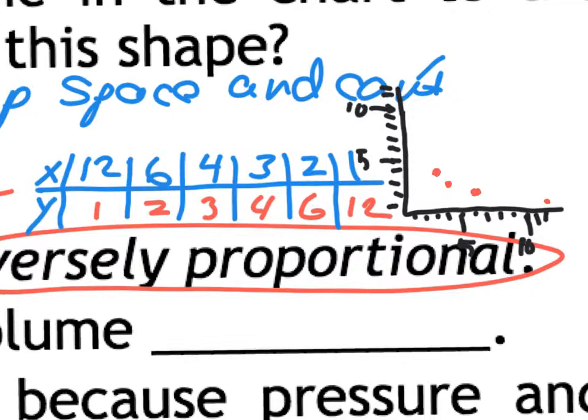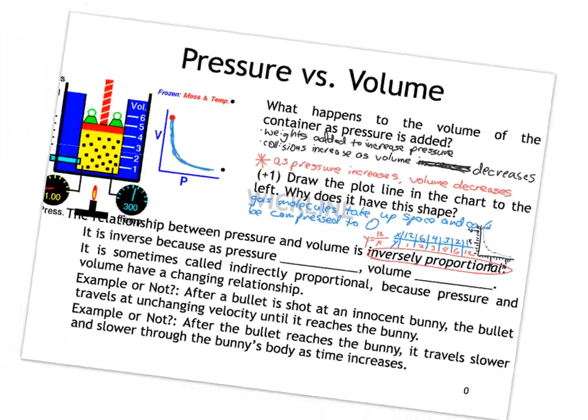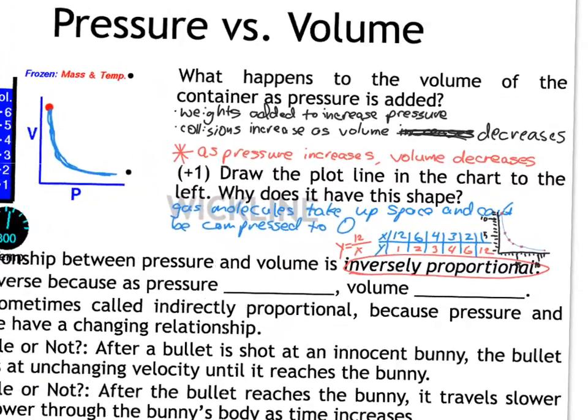If x were 2 and y were 6, we'd have that data point. And if x were 1 and y were 12, we would have that data point. And when you connect these with a smooth curve, you can see that we have the exact same shape that we previously drew on this slide. So you can compare the two here and here.